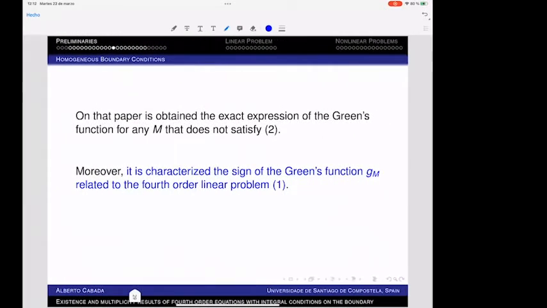In this paper, we obtained the exact expression. The problem with the Green function in general is that when the coefficients are not constant, it is almost impossible to get the expression.